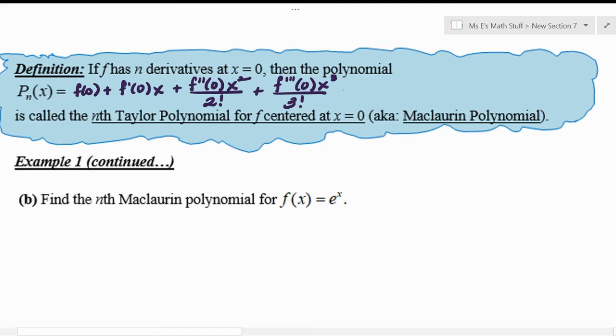This time you need the factorial. And you would just keep at that until you get to the degree that you've been asked for.